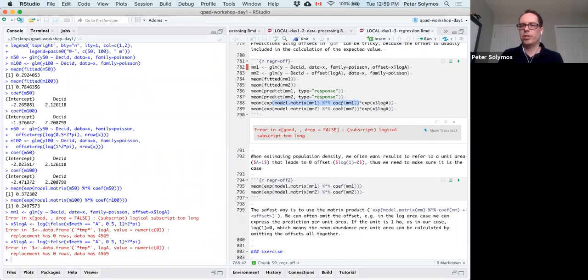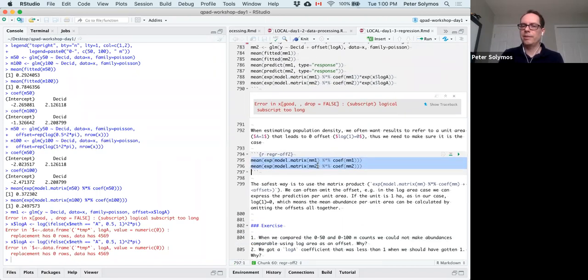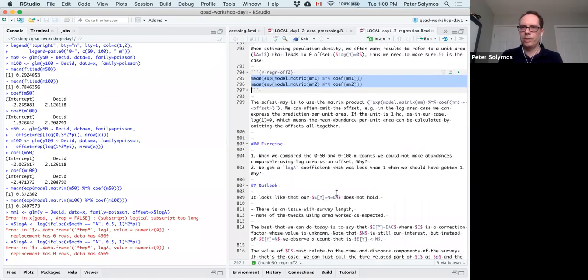And if you exponentiate and add the offset, then you get the offset. If you omit the offset, then you don't get the offset. And this is what we want when we make a prediction, because this is going to tell us density per unit area without any reference to methodology. So that's where I close today.